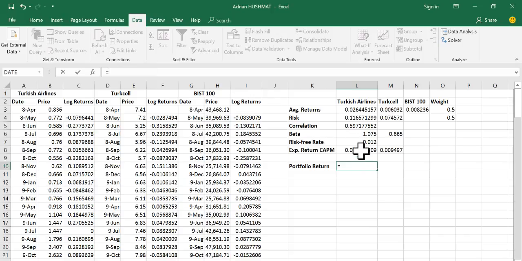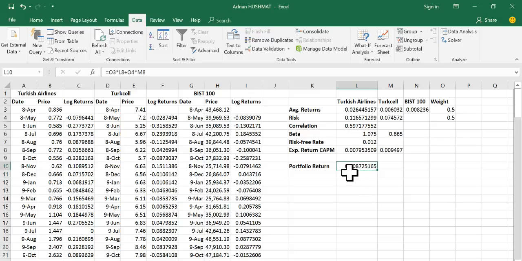So W1 multiplied by R1, where R1 is the return on Turkish Airlines, the first stock, plus W2 multiplied by the expected return on Turkcell. Okay, so you just press enter.